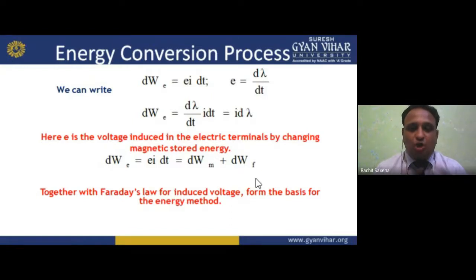Due to that force, torque takes place and it starts to rotate. The rotation of the rotor cuts the flux lines, the flux linkage. As per Faraday's law, EMF is induced, and if it is a closed circuit, current flows. That is why it is written: together with Faraday's law for induced voltage, form the basis for the energy method. I hope you understand this.